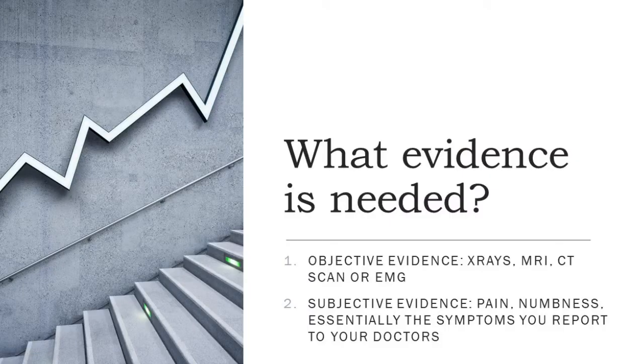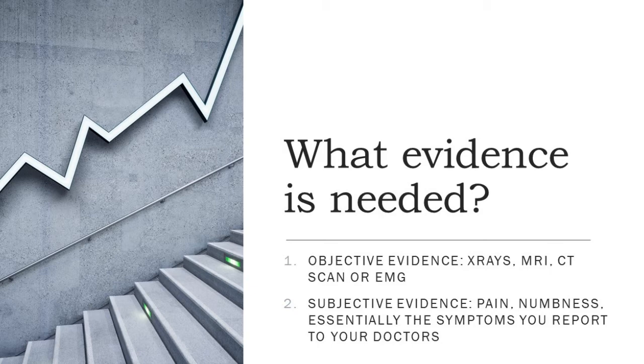What evidence is needed to demonstrate to the Social Security Administration that you have radiculopathy? The first thing that the Social Security Administration requires is some form of objective evidence like an X-ray, an MRI, a CT scan, or even an EMG that demonstrates you have nerve root compression in either the cervical or the lumbar spine.